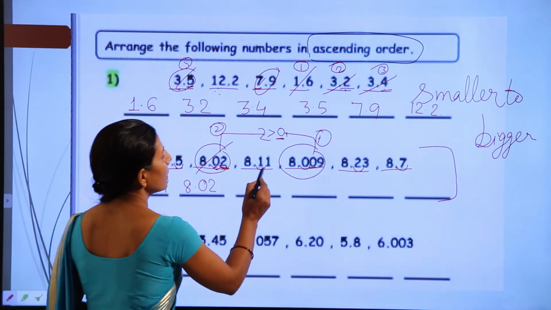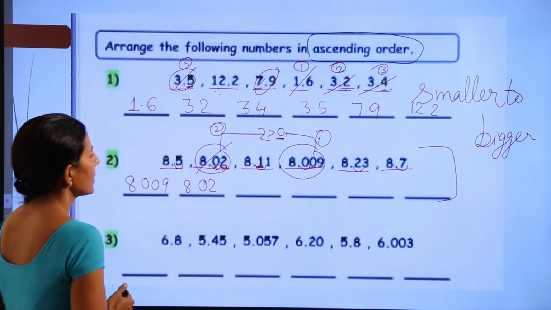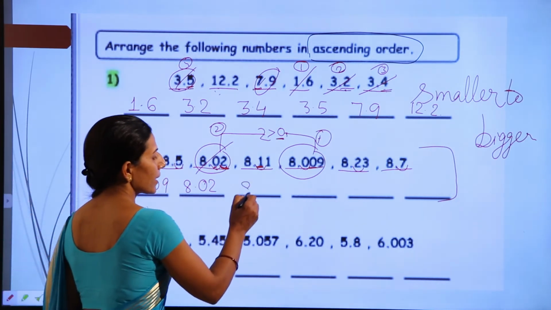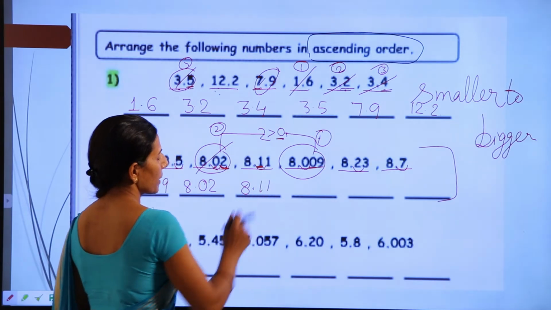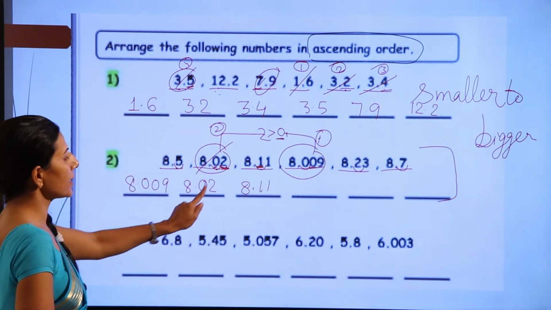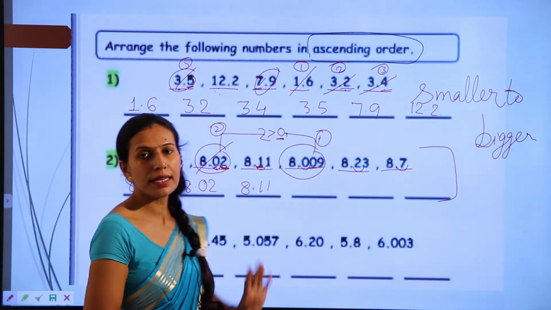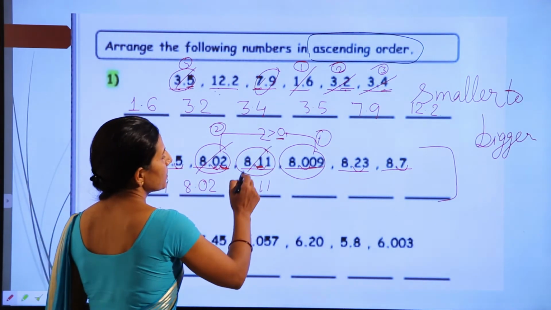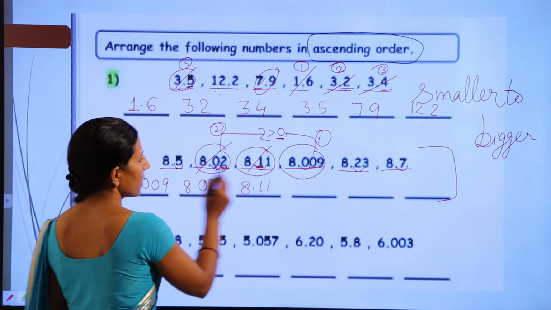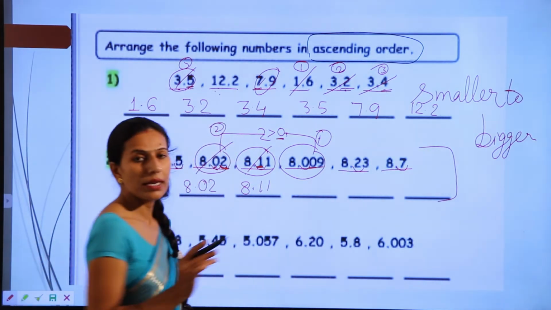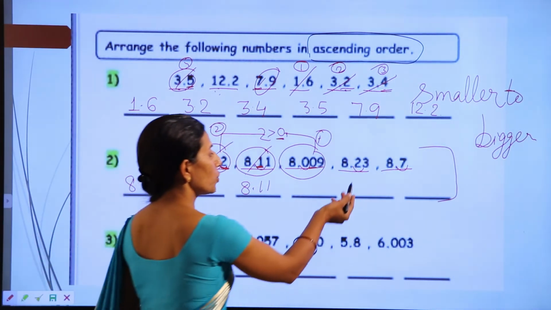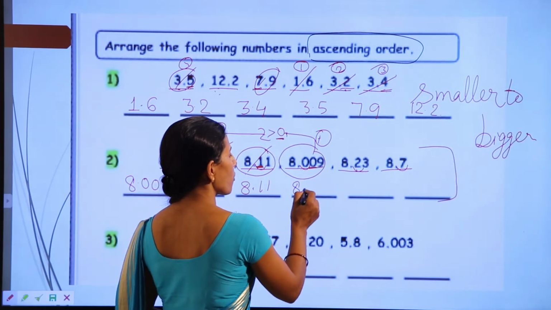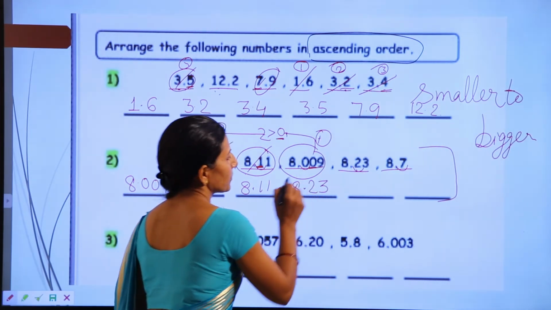We have 1 here, 1 on the tens place. So we will write 8.11 because 1 is greater than 0 but less than all other numbers. So the next numbers, if we see here, are 5, 2 and 7. Now which one is smallest? 2 is smallest, so we write 8.23.